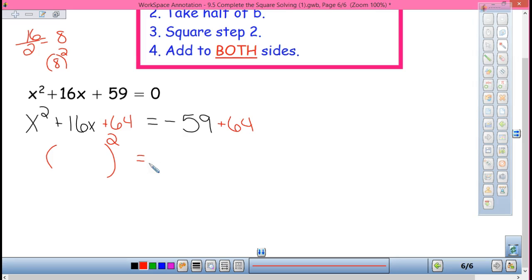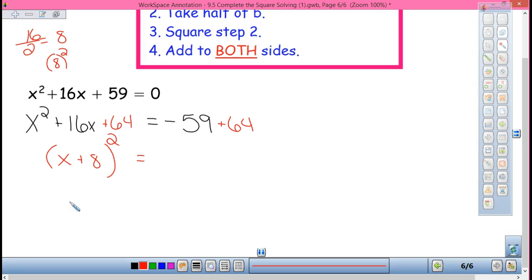What did you get inside here? You're right with x plus 8, but it's just x plus 8 squared. Okay, it's always going to be the same thing squared.